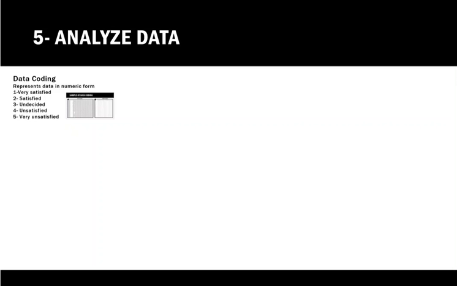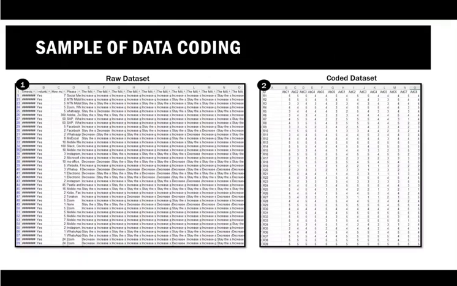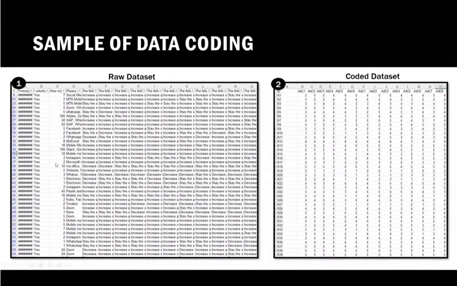All right, so the first thing is about data coding. Coding data means that you need to change it from, so this is an example of what I mean. This is a raw data set, for instance, where we captured this online, and you have all those Likert scale responses in there still the way they are.